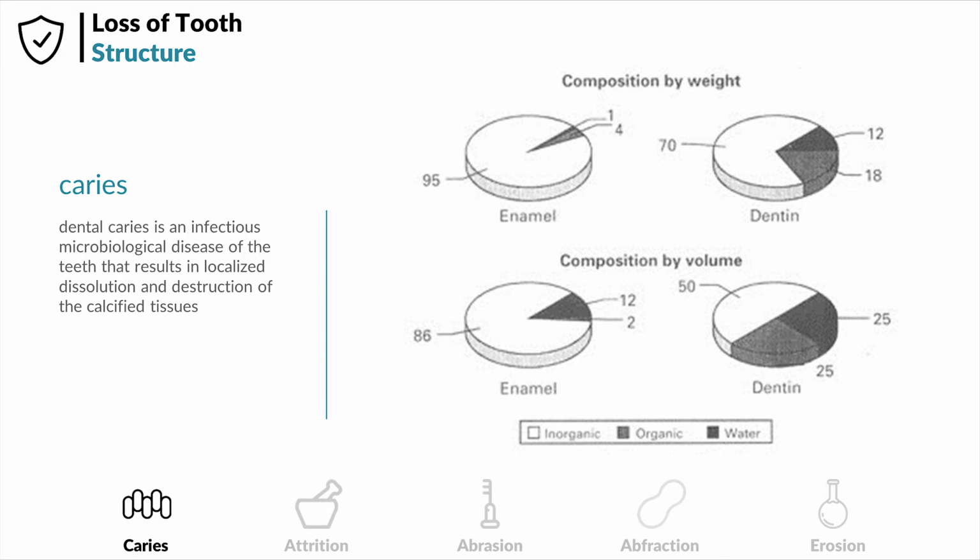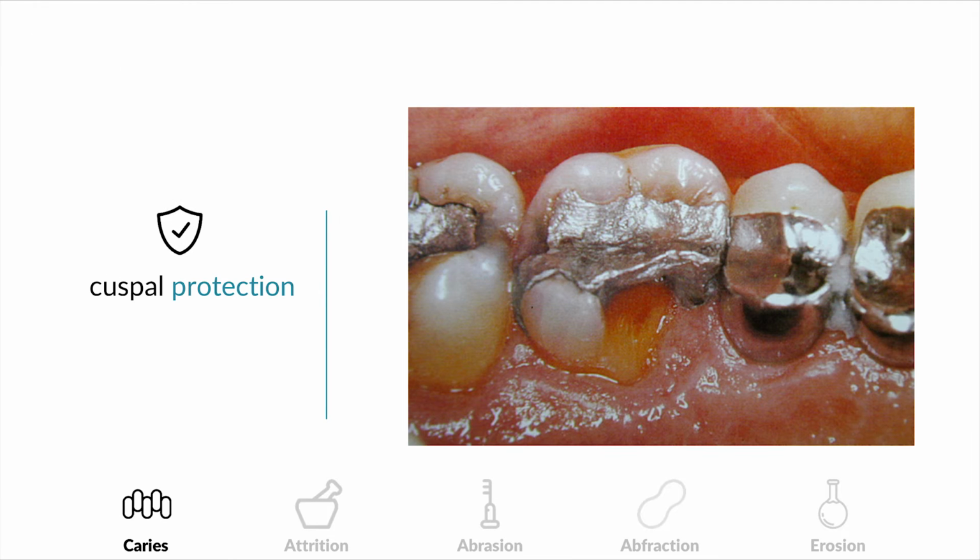So you can see dentin is much less mineralized, meaning it's more susceptible to this demineralization process and thus dental decay. So if we have, let's say, a previous restoration that has removed a lot of the tooth structure, you have decreased cusp volume or structure that makes it susceptible to cusp fracture.